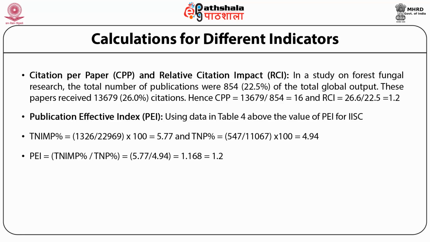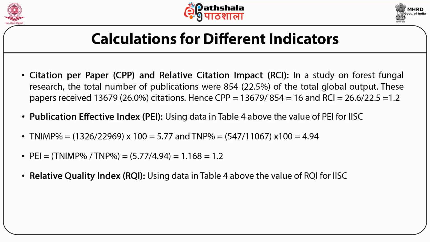PEI is equal to TNIMP percent upon TNP percent is equal to 5.77 upon 4.94 is equal to 1.168, which is equal to 1.2.